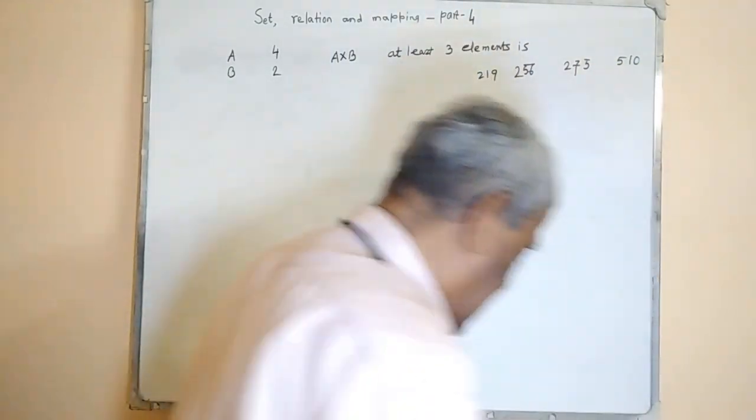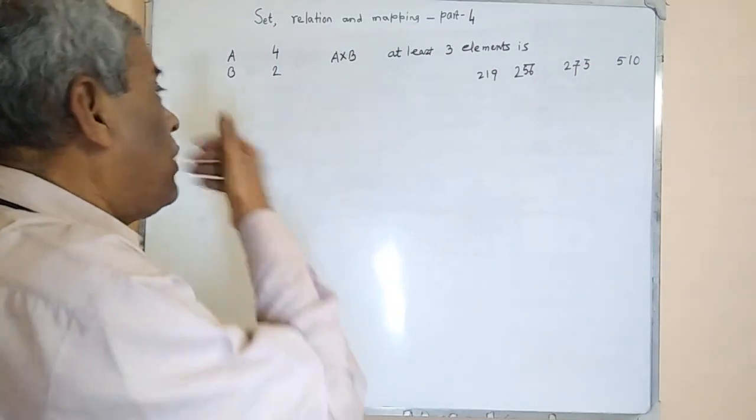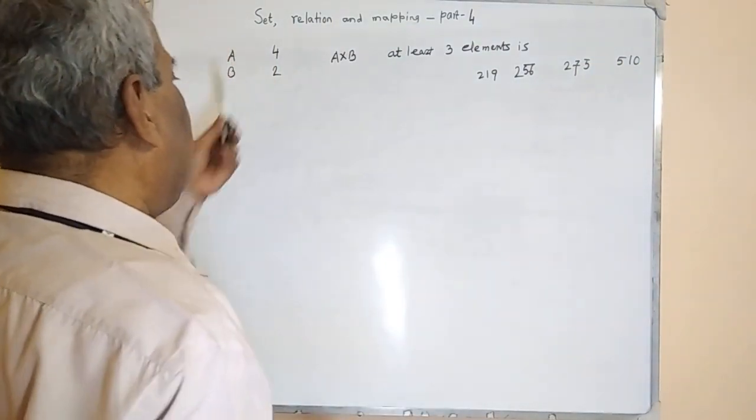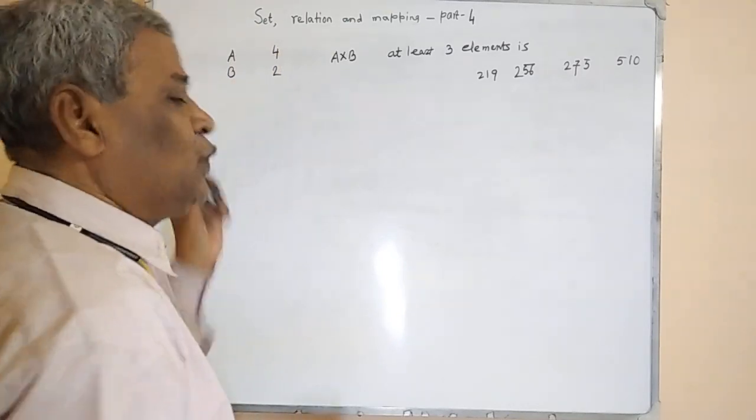Let us see what is the exact problem. Two sets are given, A and B. A has 4 elements, B has 2 elements.